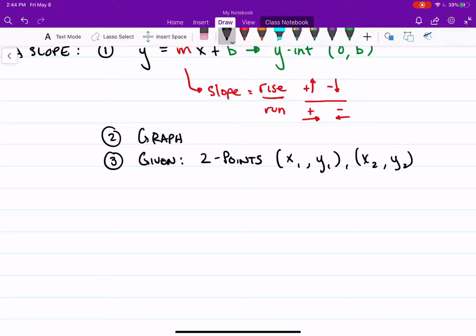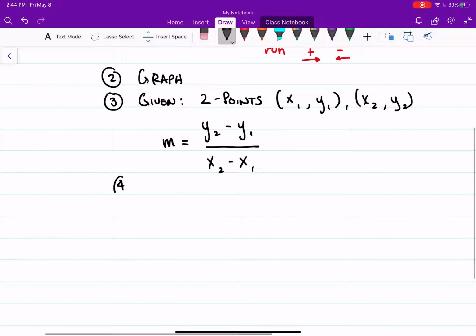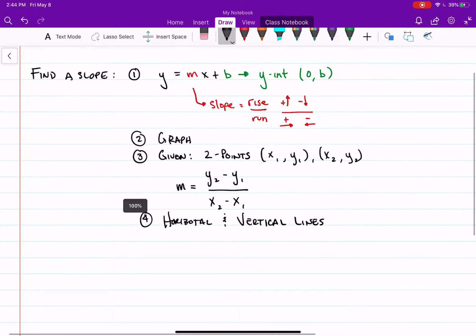Then my slope is going to equal y2 minus y1 over x2 minus x1, okay? And the fourth is going to be talking about horizontal lines and vertical lines. Well, let's go through all of them, okay?